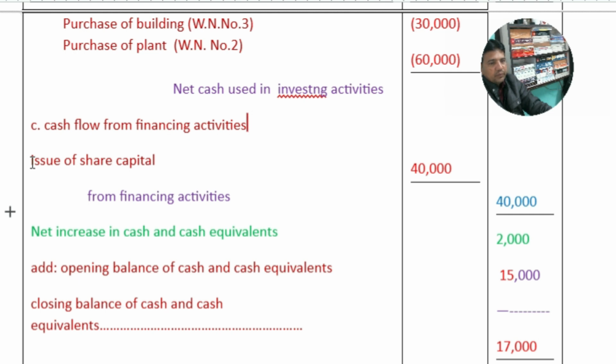So it is having only the issue of share capital. Share capital increased from 2023 2,50,000 to 2024 it is 2,90,000. So during the year 40,000 value of shares issued and cash inflow is 40,000.